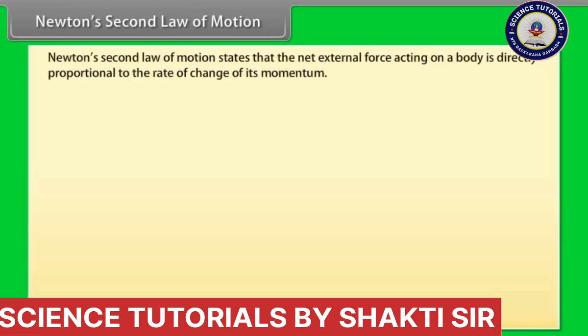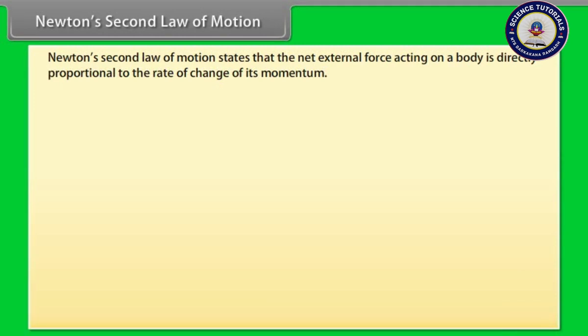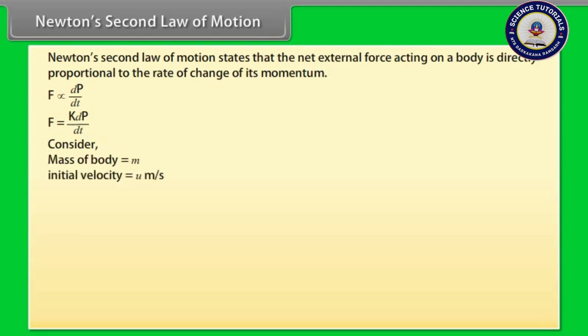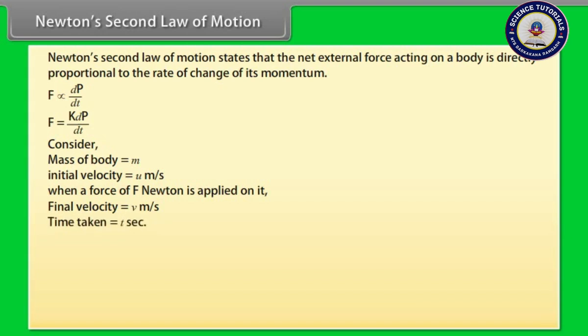Newton's second law of motion states that the net external force acting on a body is directly proportional to the rate of change of its momentum. Its equation is given as follows: consider a body of mass m initially moving with a velocity of u meter per second. When a force of F Newton is applied on it, its velocity becomes v meter per second after a time of t seconds.